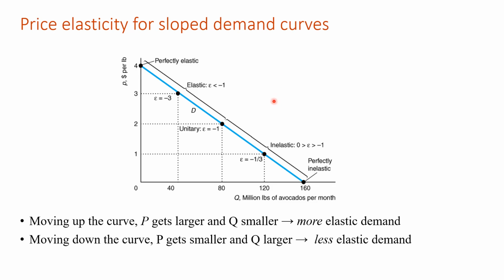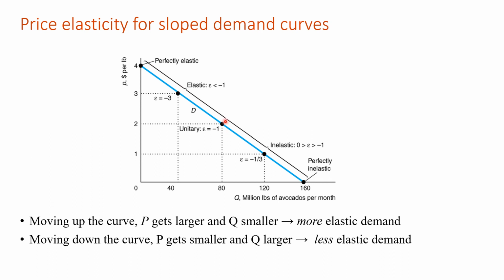Here we get the same function that we had before when it comes to avocados. You'll recall that this was 80 million pounds of avocado if the price was 2. The point here is that at this point where the demand function intersects the vertical axis, we get perfectly elastic demand. In other words, the price elasticity of demand is minus infinity.